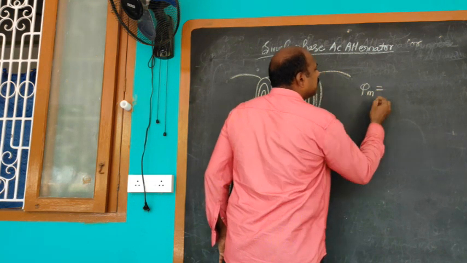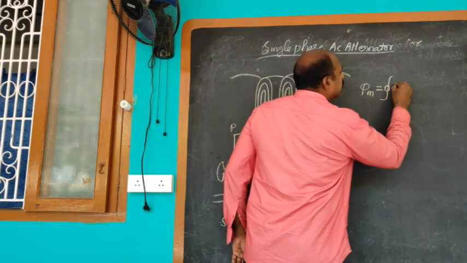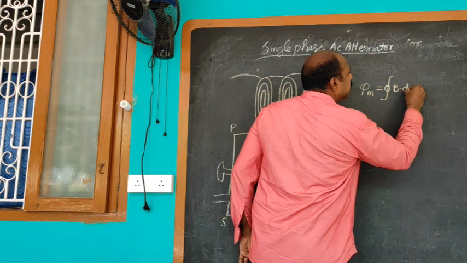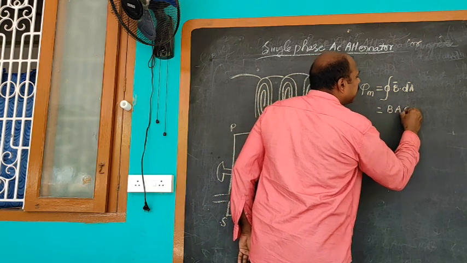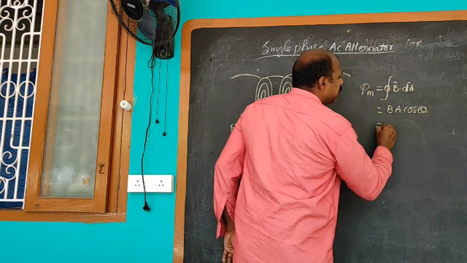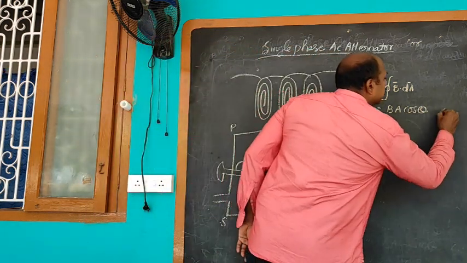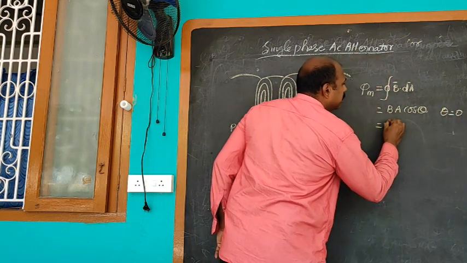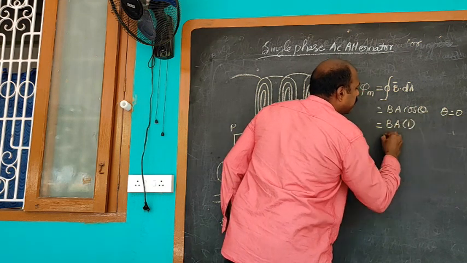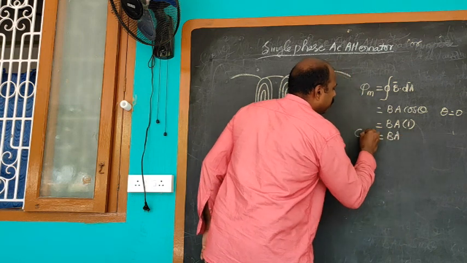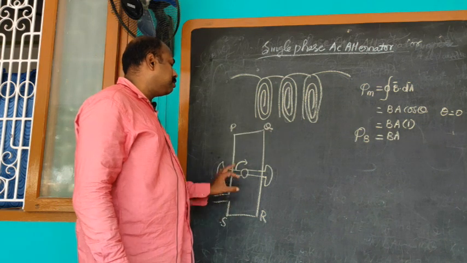The magnetic flux passing through this area is equal to B dot dA, that is B A cos theta. Here the value of theta is equal to 0, so B A cos 0, and cos 0 is equal to 1, so the flux is B A. So the magnetic flux passing through the PQRS coil is maximum.